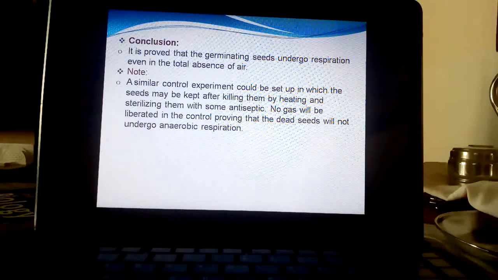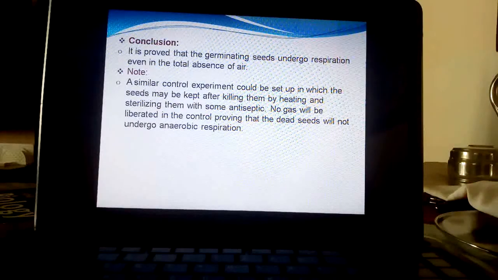Then after a few days, when the mercury level falls drastically, you understand that some gas is produced. Then you introduce potassium hydroxide again and take away the gas, that is carbon dioxide, and once it is taken off, the level goes up again. This is how we can conduct this experiment and test for it.